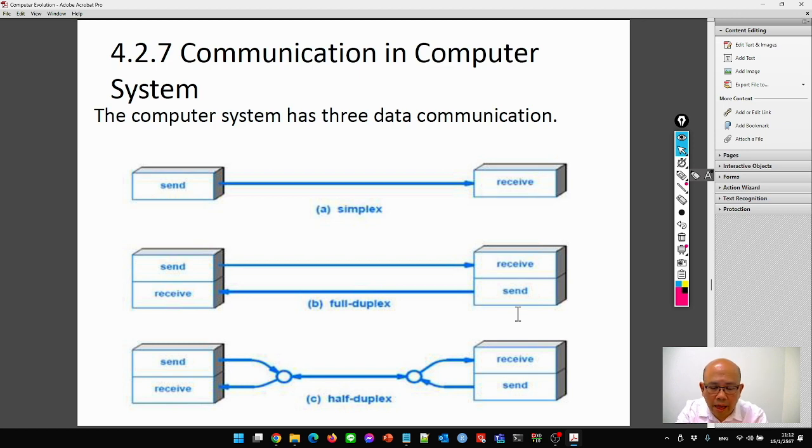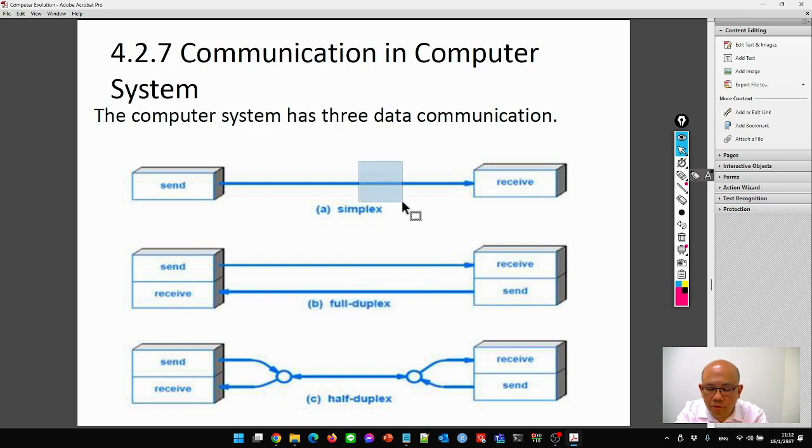In memory and in computer systems, we have communication of three types: simplex, full duplex, and half duplex. The simplex sends data from the sender to the receiver in one direction. The full duplex sends data and back, like bidirectional communication, but it has two channels for communication.